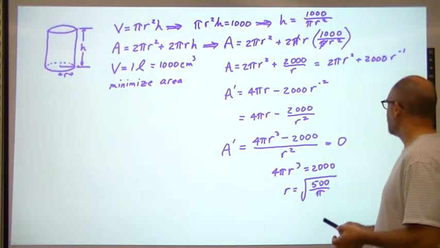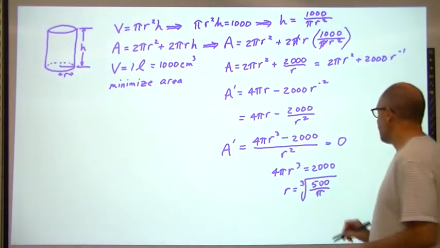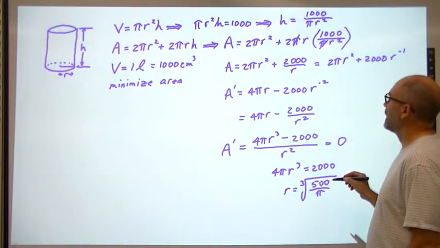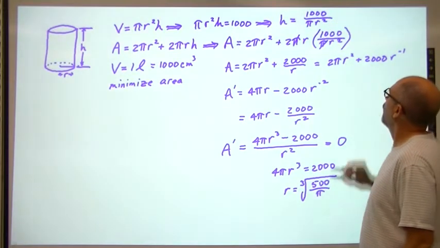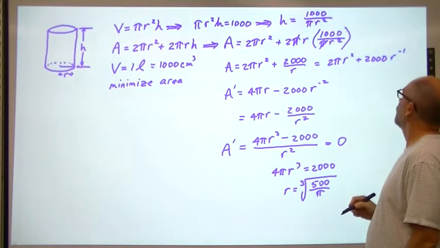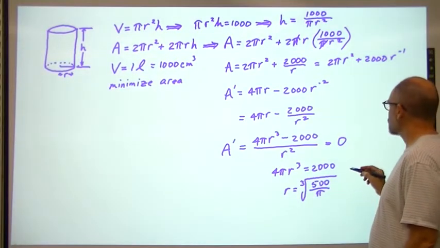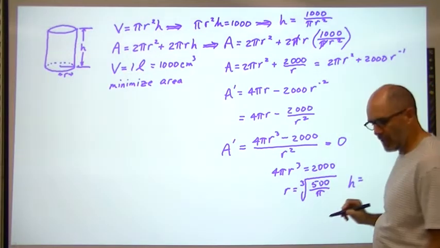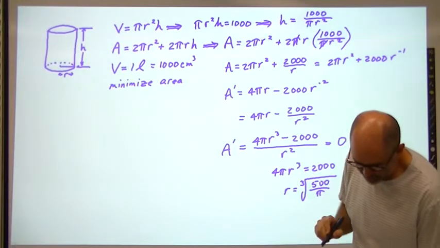So if r is the, not the square root, but the cube root of 500 over pi, then what's h going to be? Well, h equals 1,000 over pi r squared. So we can get h, and h turns out to be 2 cube root of 500 over pi.